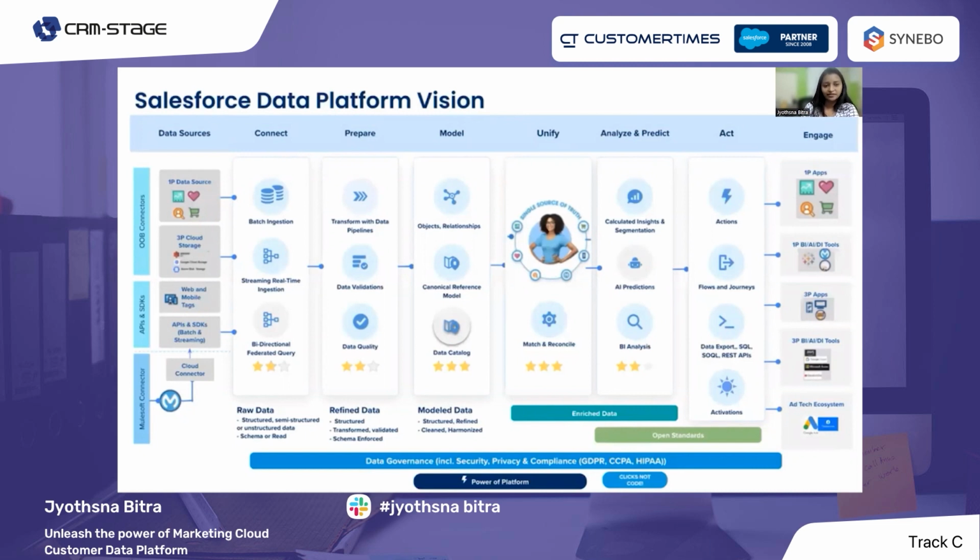The first party data, which is present in the Salesforce clouds like Service Cloud, Commerce Cloud, and so on. And it also gets the third party data from other storages, external storages. And it also integrates with the web and mobile apps through the SDKs and other ingestion APIs.